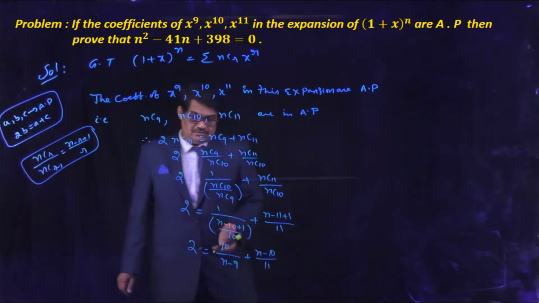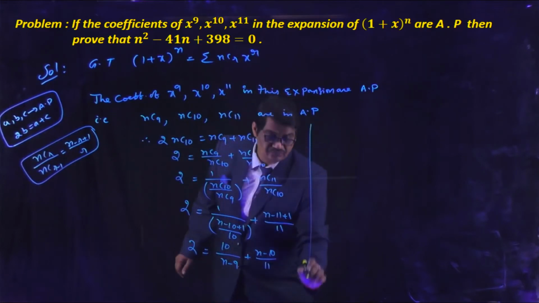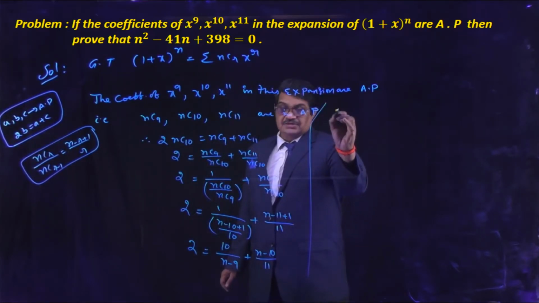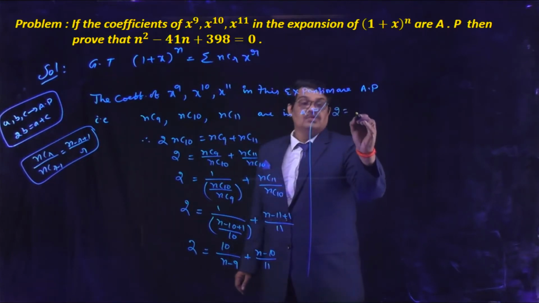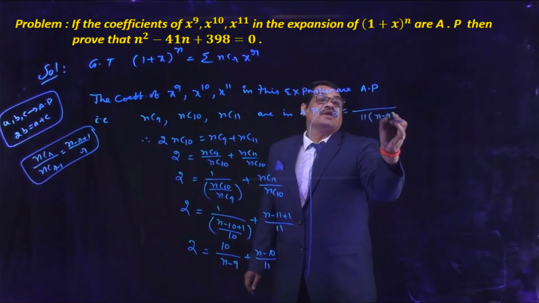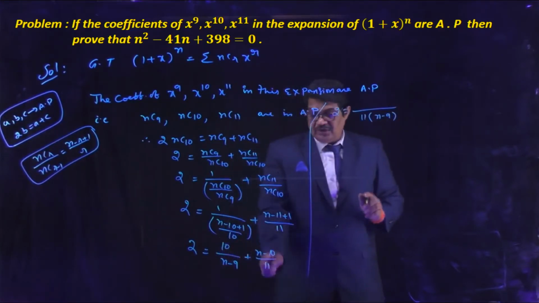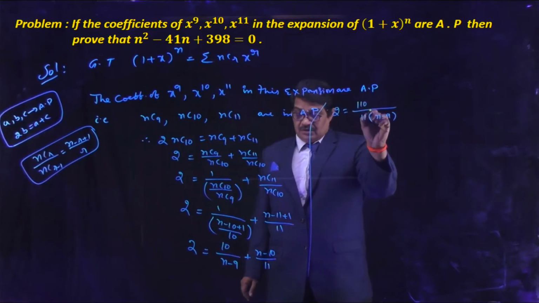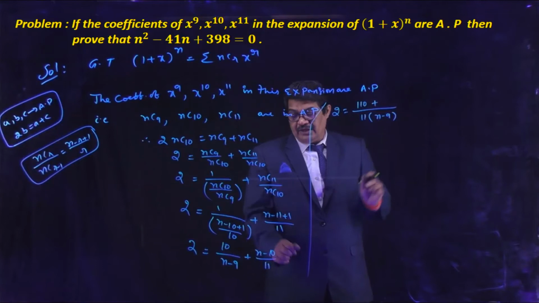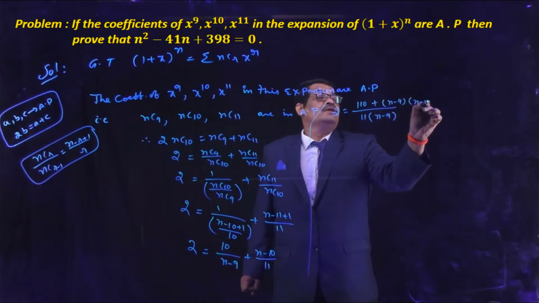Now we take the LCM. The LCM is 11 into n minus 9, so we multiply 10 into 11, that is 110, plus n minus 9 into n minus 10.